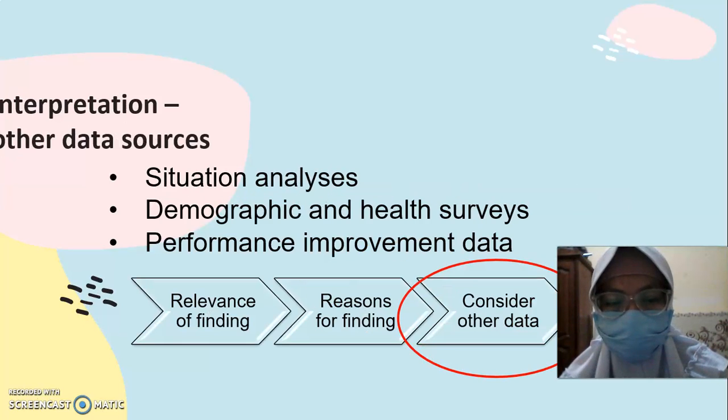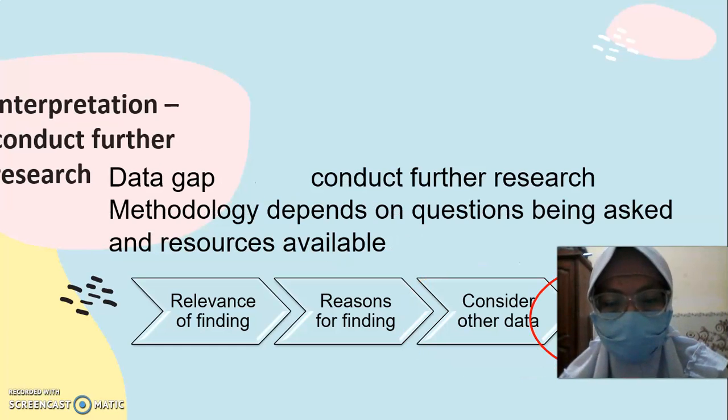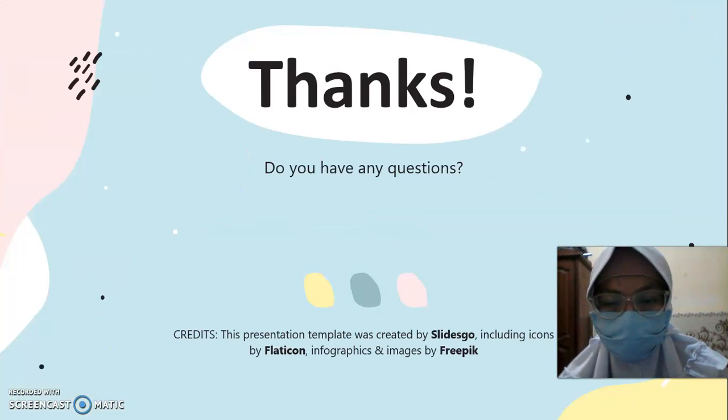You have to get a situation analysis, demographic and health surveys, and performance improvement data. And the last, conduct further research. It depends on the question being asked and the research available at this step.